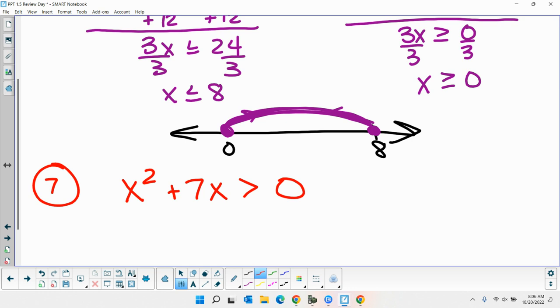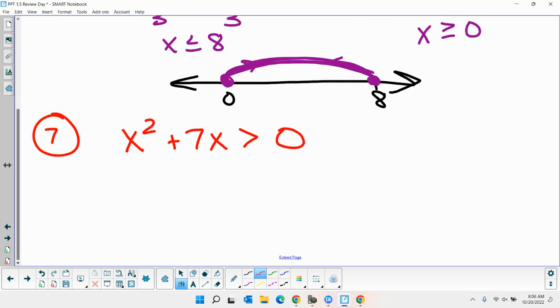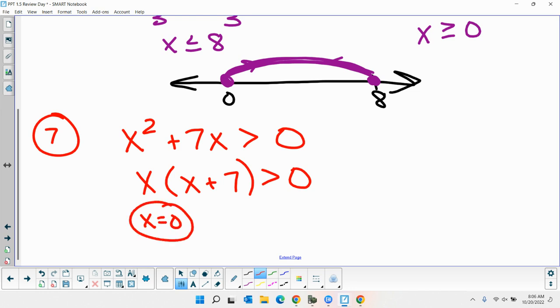Look for a GCF. Very good. What is a GCF? X. So pull that X out. X squared divided by X is X. 7x divided by X is 7. So set them equal to 0. So X equals 0. And X plus 7 equals 0. So my critical values are 0 and negative 7.